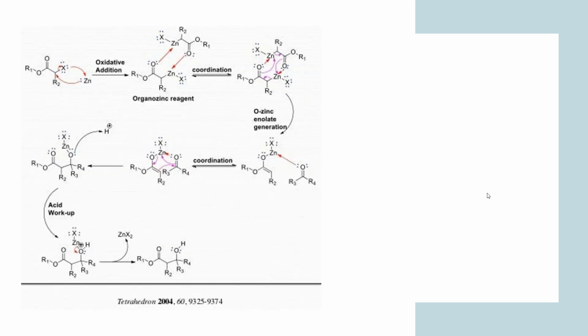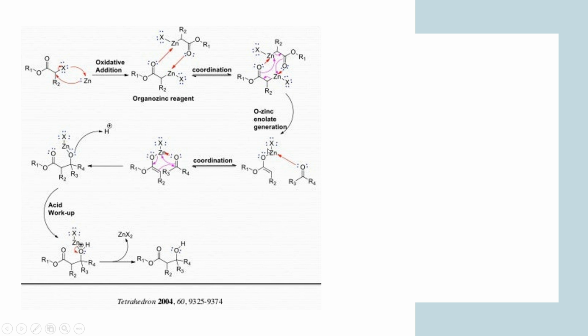And if you want to look at it by breaking the stages further, what happens first? The zinc undergoes oxidative addition to the bromoester to get this organo-zinc reagent, and that organo-zinc reagent forms organo-zinc enolate in the next step.